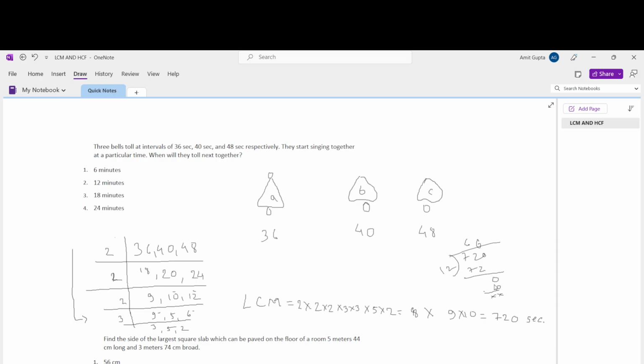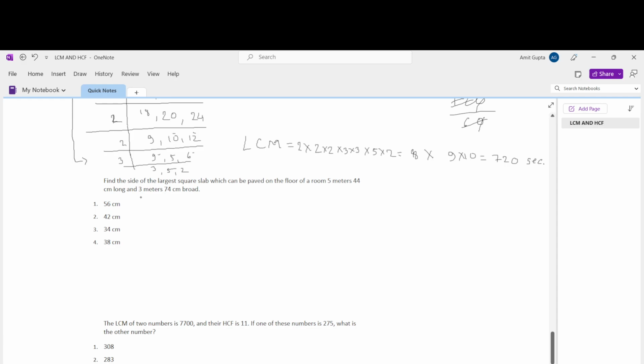In order to convert seconds into minutes, we divide the seconds by 60. So we have here 720 seconds divided by 60. We get 12. So the answer for this question is option 2, 12 minutes.